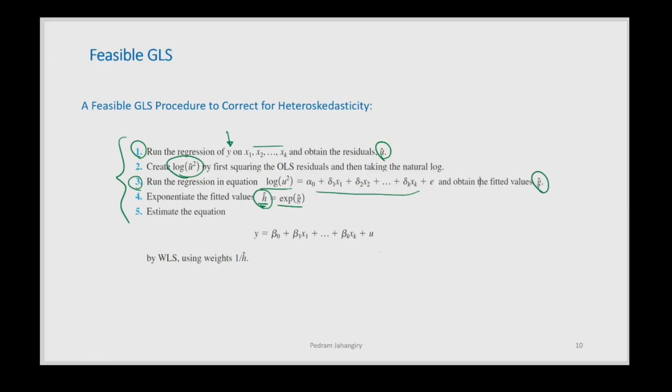So we're going to use the lm function, and the weights are the ones that we just defined. So h hat. Well, actually, it's going to be 1 over h hat. So we just call it w, and w is defined as 1 over h hat. All right, so these are the weights. Okay, so that's pretty much it.